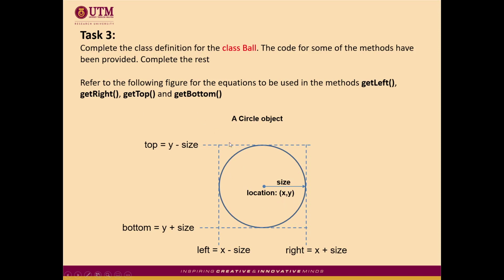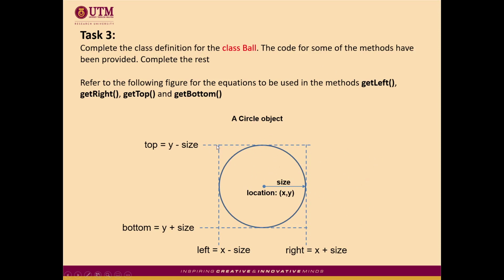Because the information about the location of the ball is only the center, we can introduce a calculated or derived attribute for the left, right, bottom, and top. By the way, I need to mention the coordinate system that we are using in WinBGI.